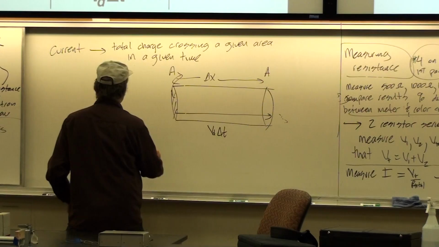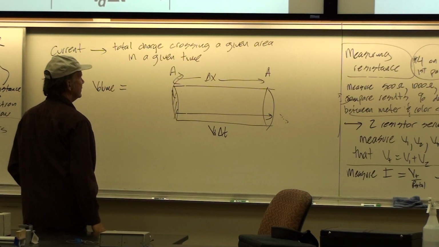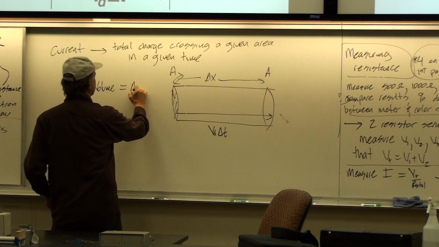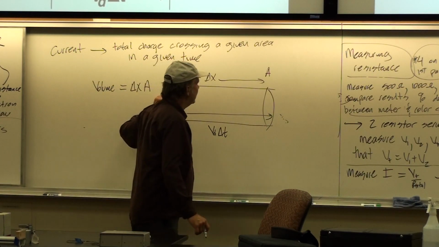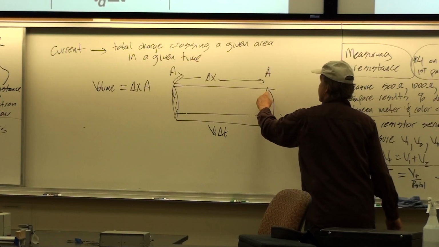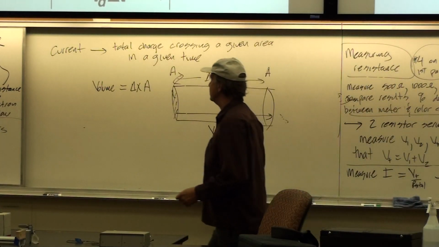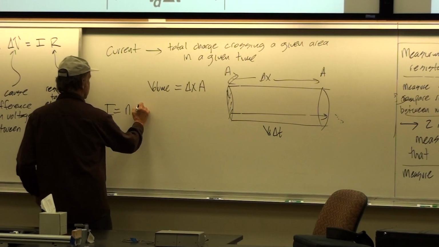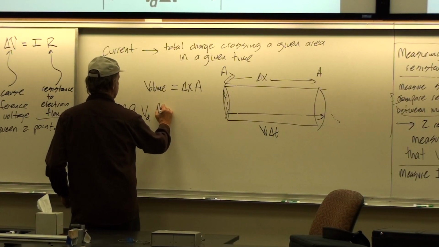Then we can think about the volume of the wire that the charge moves through in that amount of time as being delta x times A. That's just the base area, pi r squared if this were a cylinder, times the height. And we can define the current I as being equal to n q electron times v drift times the area.